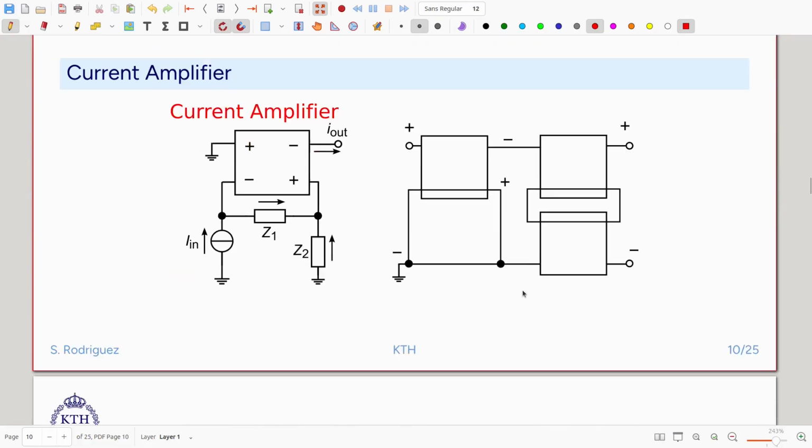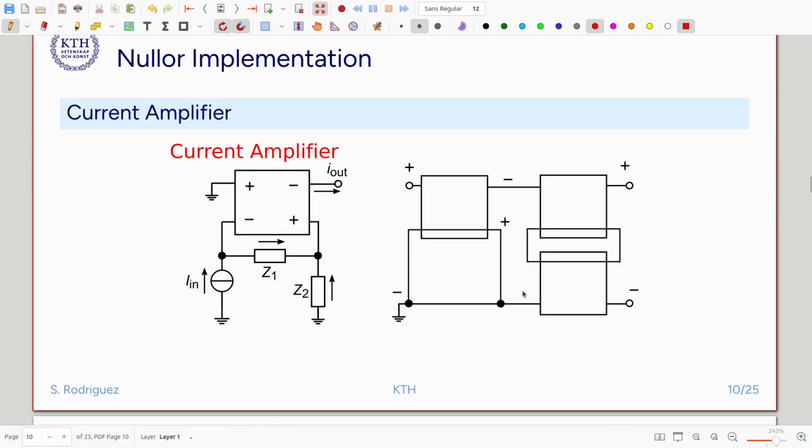We have another example here, the current amplifier. On the current amplifier we have one terminal connected to ground and the other terminal connected to the feedback network, and that can be implemented with a common source transistor at the input and a differential pair at the output.